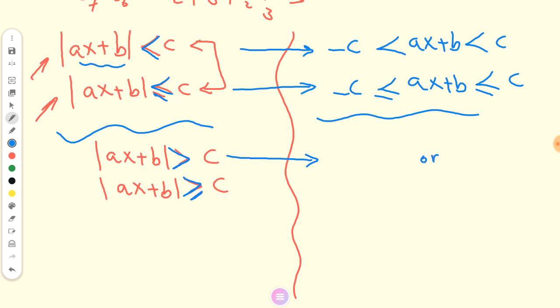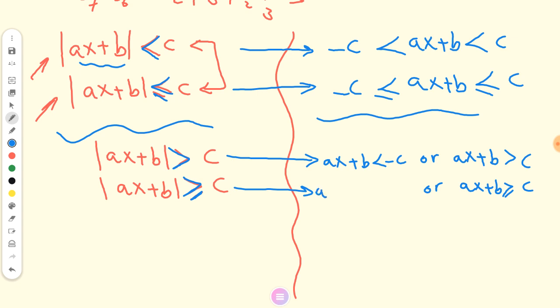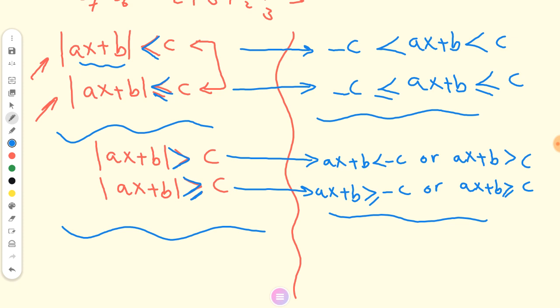And here, I will write ax plus b more than c, or ax plus b less than negative c. Also in this one, I will write or, and I will write ax plus b more than or equal to c, or ax plus b less than or equal to negative c. Now we have four forms.